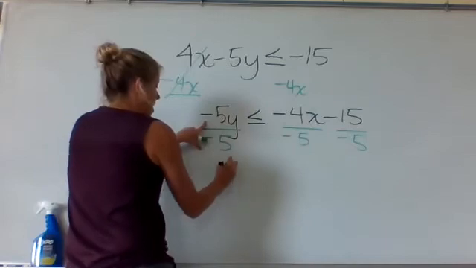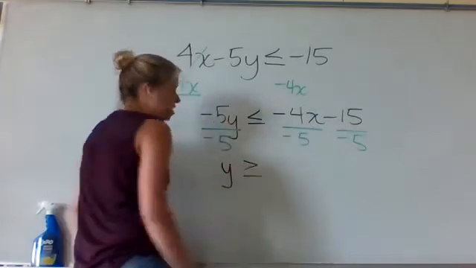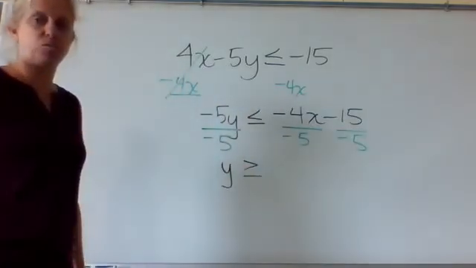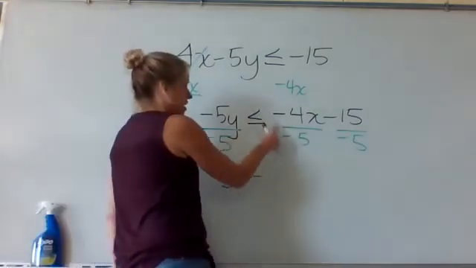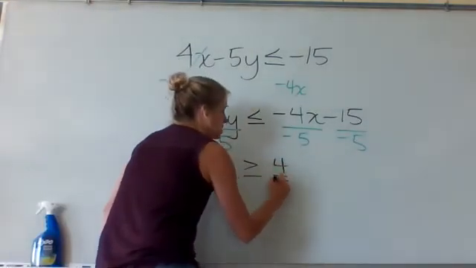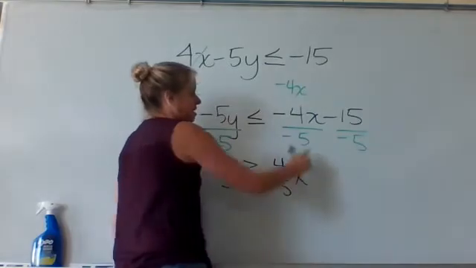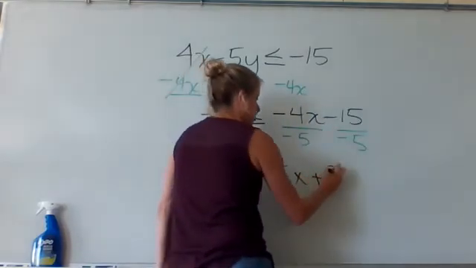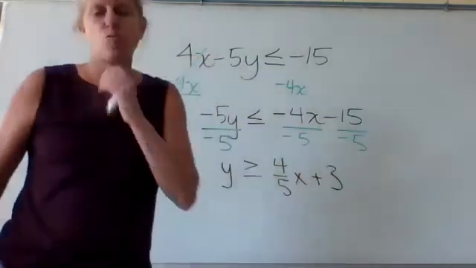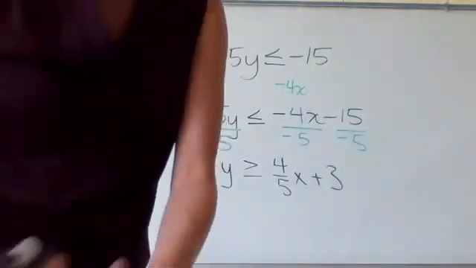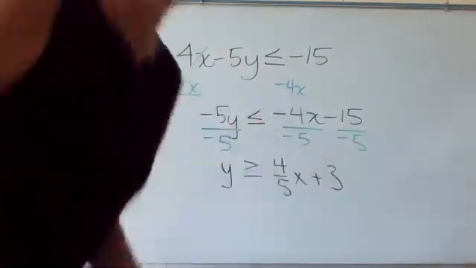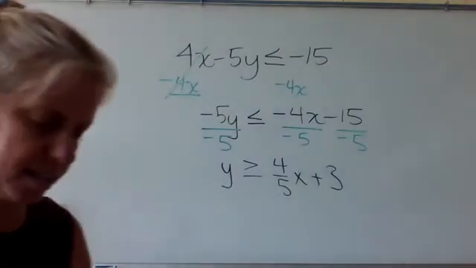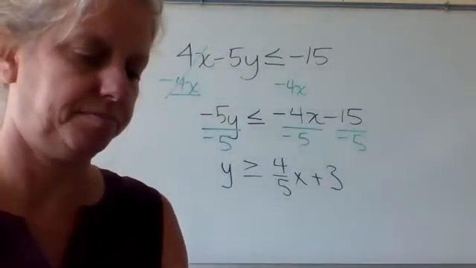When you divide by a negative, remember, this inequality symbol will flip around. So now I've got y, this turns around to greater than or equal to, which is going to affect where you shade. Negative over a negative turns to positive 4/5 x. That negative over a negative turns into positive 3. So remember, you can go to your y equals and type in that 4/5 x plus 3.